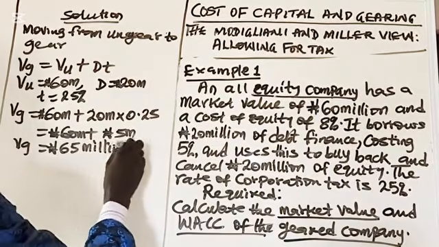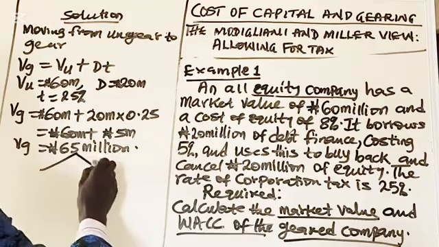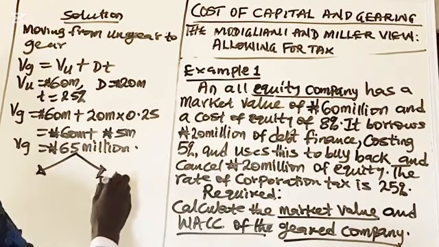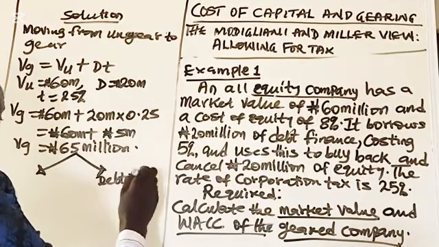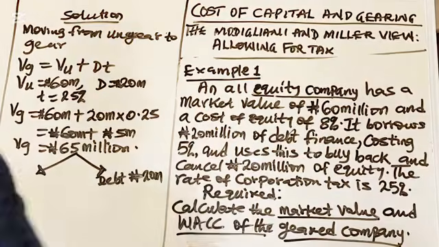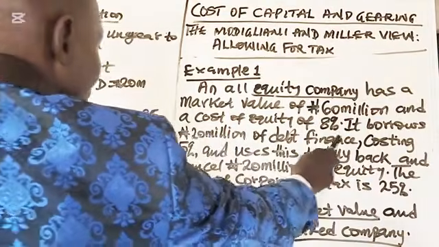So this is the value of the company when it is geared. Now when the company was not geared, its value was 60 million. So this value of 65 million comprises how much value of debt? 20 million. They want to borrow 20 million as debt finance.